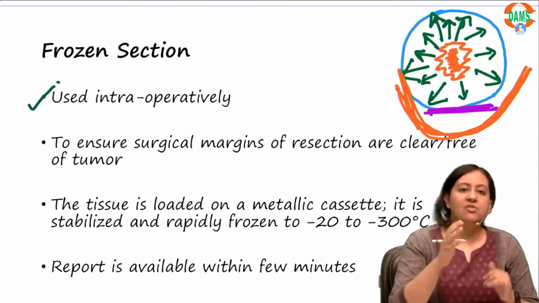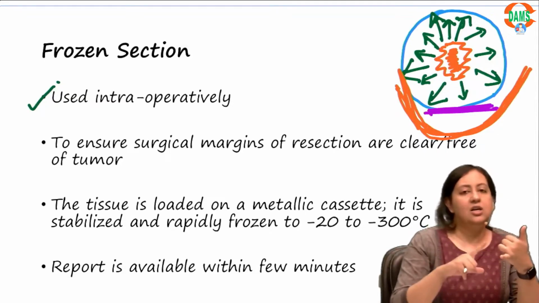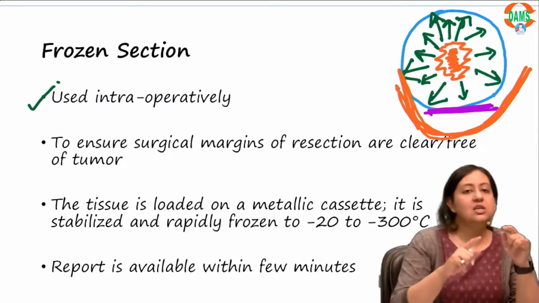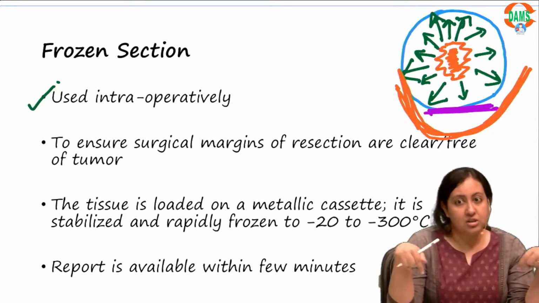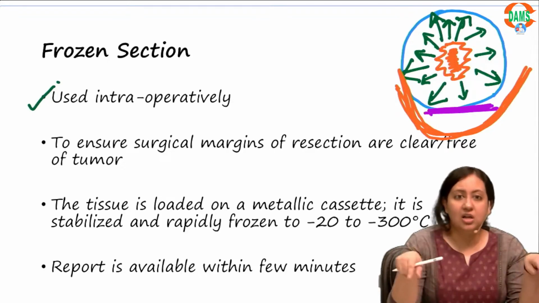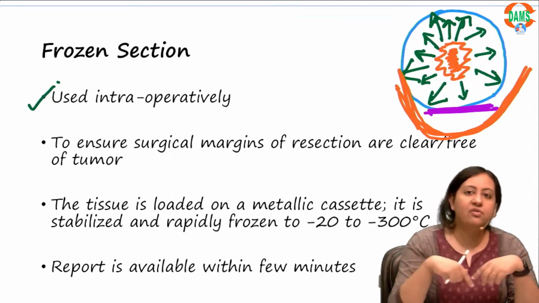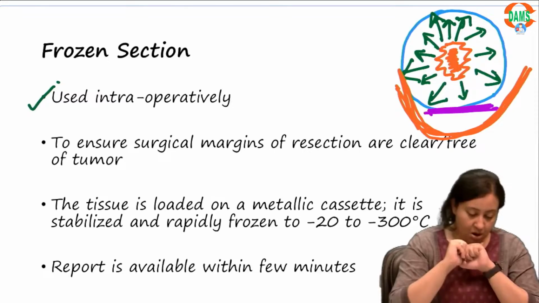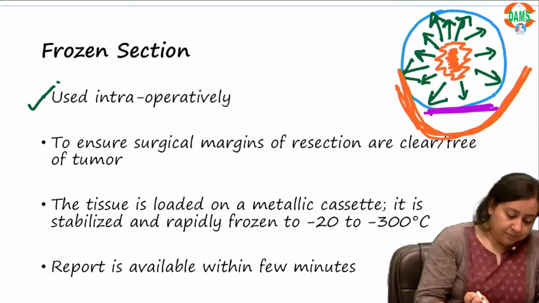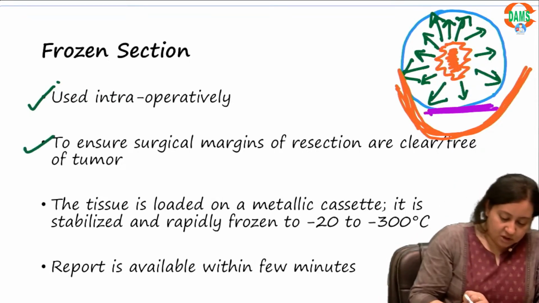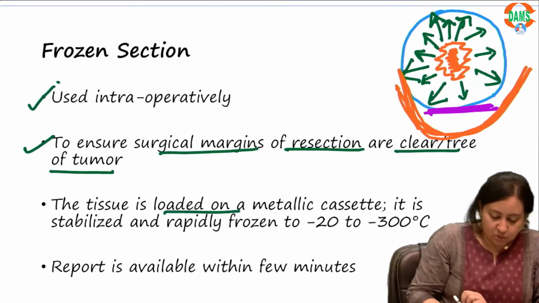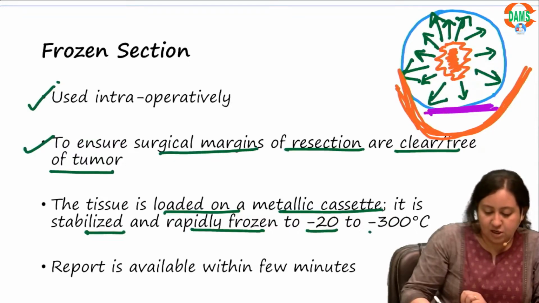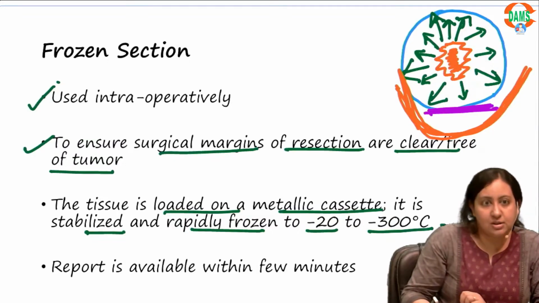It does not define the nature of the disease. It does not tell you details of the disease. It just gives you clarity on your margins, whether you have done a good clearance, whether your resected margins are free of tumor cells or not. So to ensure surgical margins of resection are clear, free of tumor, the tissue is loaded onto a metallic cassette, stabilized and rapidly frozen to -20 to -300 degrees Celsius.